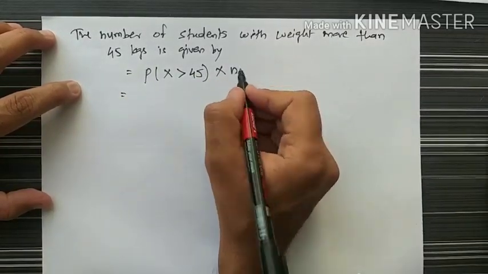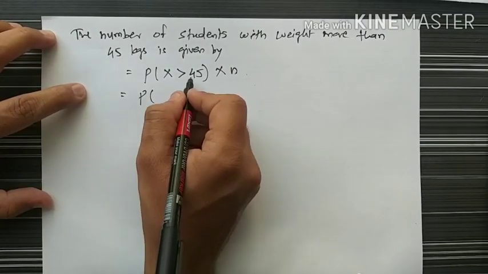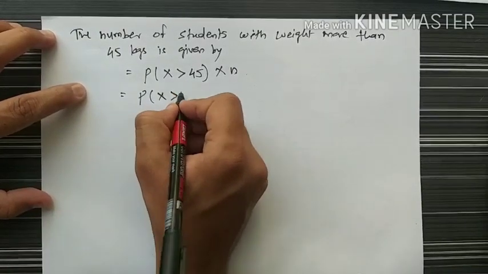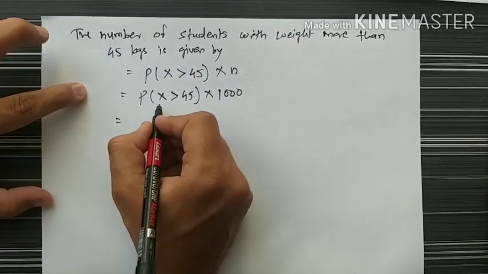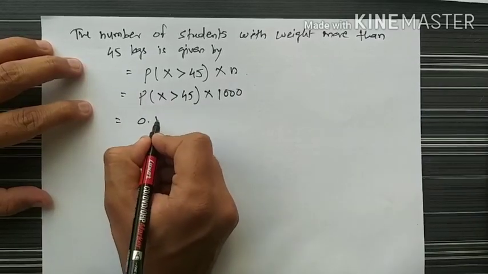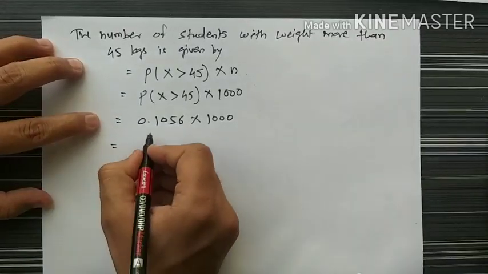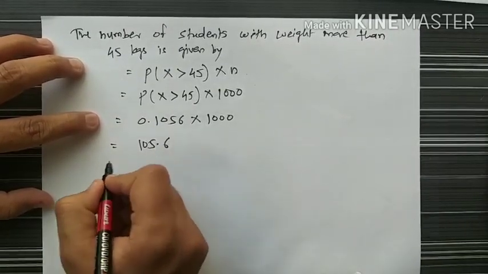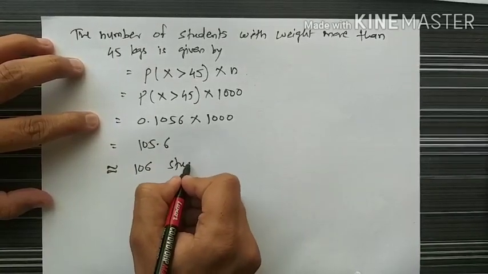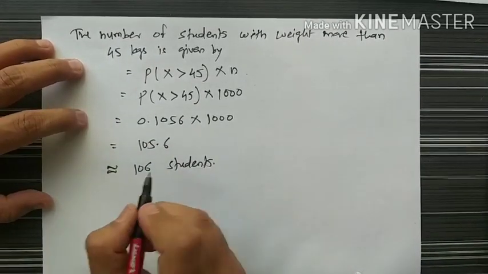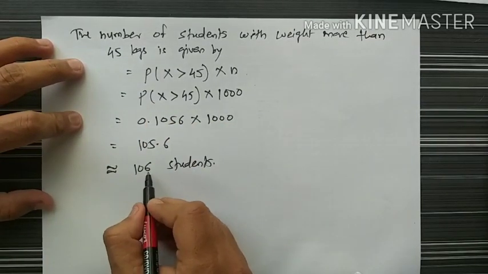Given n, the total number of students, is 1000, this is 0.1056 multiplied by 1000, which is 105.6, approximately 106 students. So the number of students with weight more than 45 kg is 106.